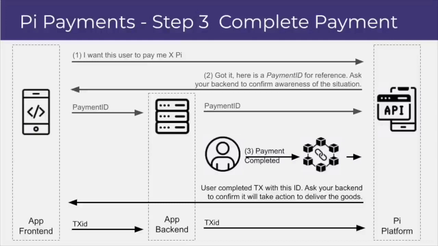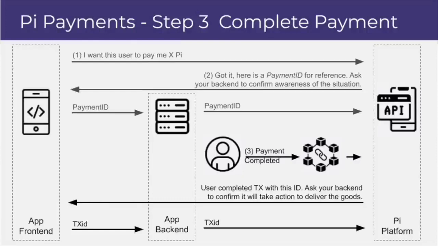And this is all happening on the front end side. Part of the reason being, as we said earlier, the user's passphrase never leaves their phone and never leaves their wallet app for obvious security reasons. So now the transaction ID is returned to the app's front end.